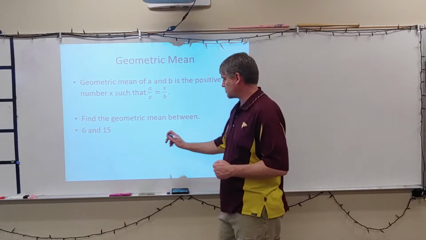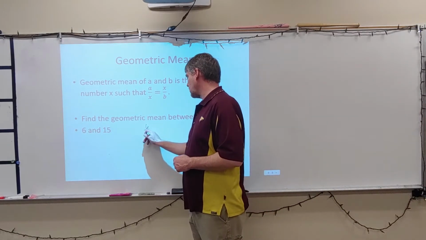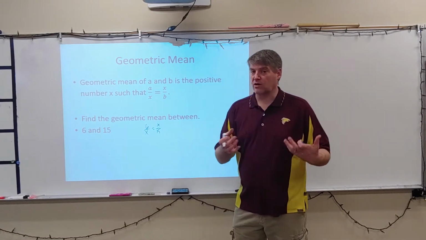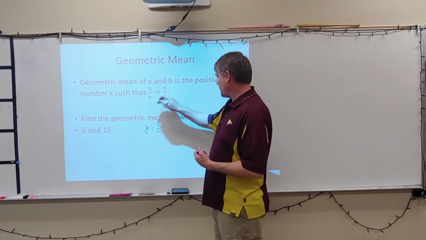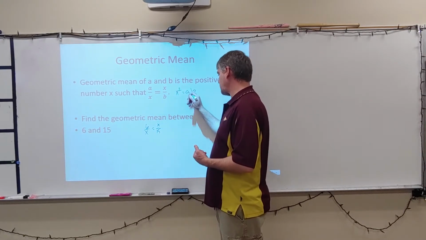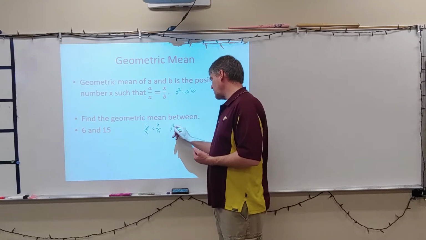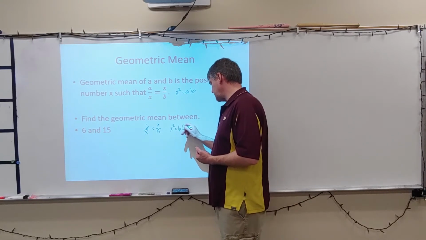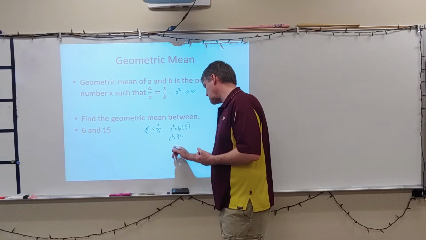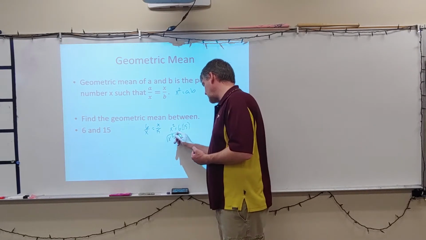So what we're going to do is we're going to go 6 over X equals X over 15. I'm now going to cross multiply. So this one up here, you could go X squared equals AB. So X squared equals 6 times 15. So X squared equals 90. Or I'm going to square root that.